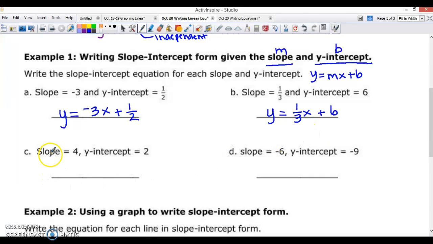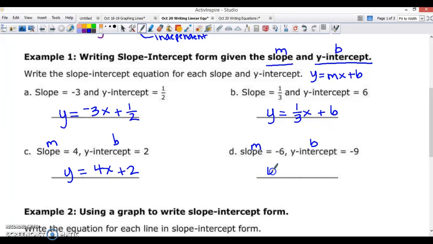For the next one, we have a slope of 4 and a y-intercept of 2, so we write y equals 4x, because slope is the number in front of x, plus 2, and y-intercept is your constant, m and b. And then lastly, slope equals -6 and y-intercept equals -9.